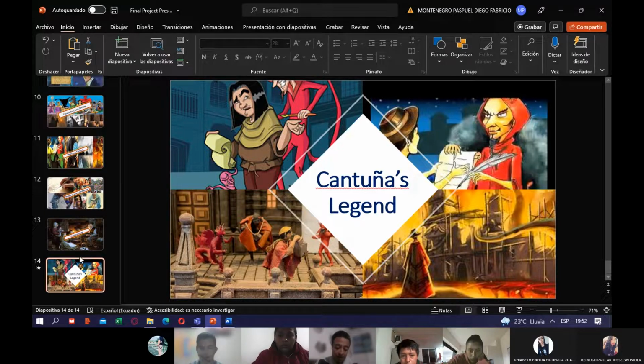One day, the head priest of Quito came to Cantuña to ask if he could build an atrium for the future San Francisco Church. Cantuña proudly claimed, "Sí, por cierto." Thus, the priest contracted him for this very important job. However, as time passed, Cantuña realized that he had promised so much and that he wouldn't finish the job in the required time. He would need help, so he turned to God and prayed.